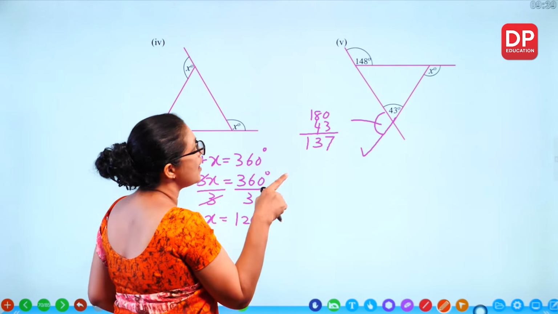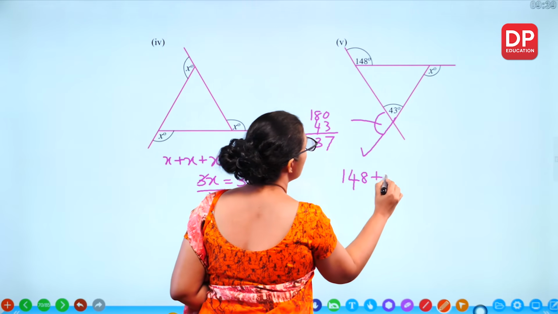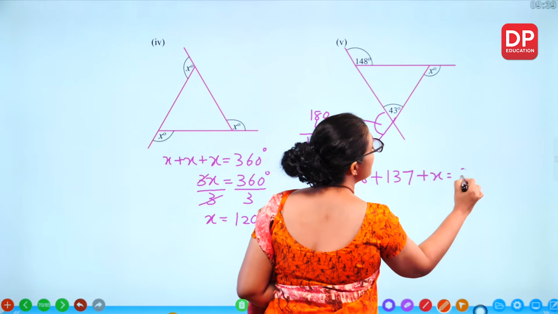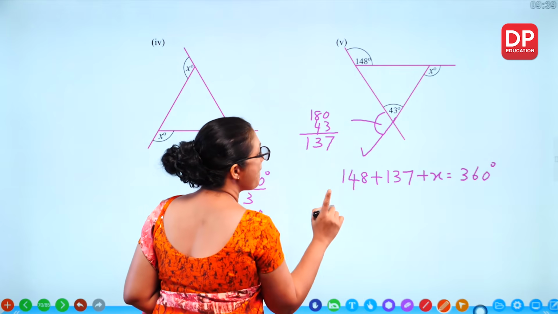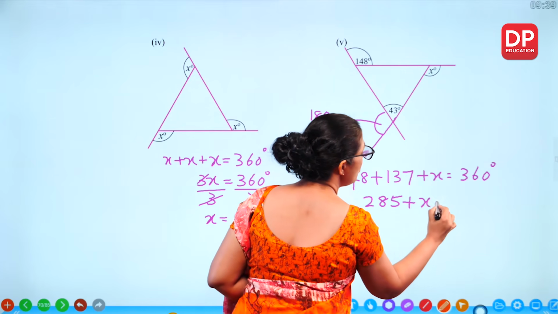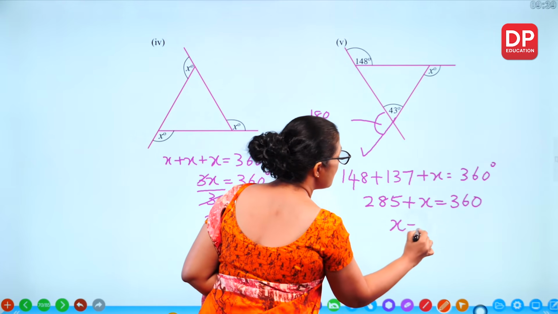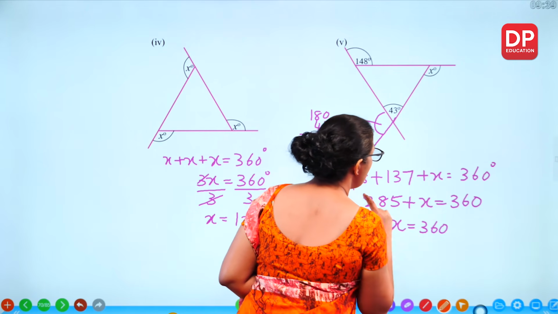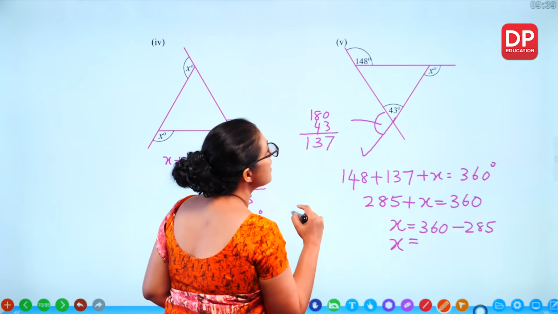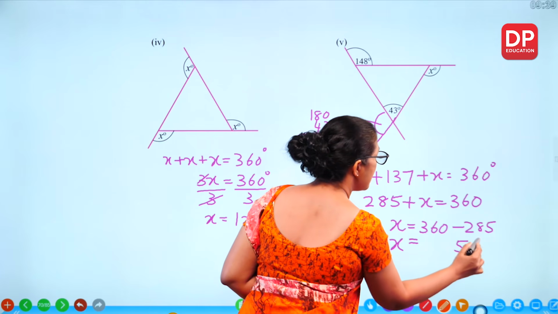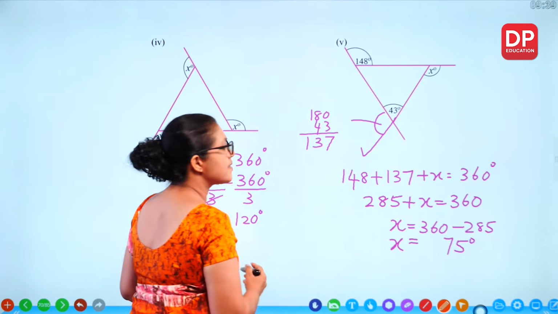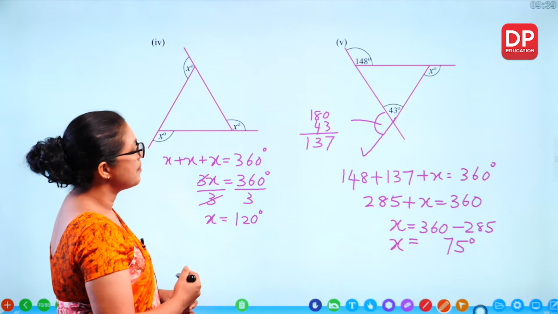Now we can find out x using the sum of exterior angles adding up to 360 for any polygon. 285 when you add these two, and when we subtract 285 from 360, you get the x value. So 75. So x is equal to 75 degrees.